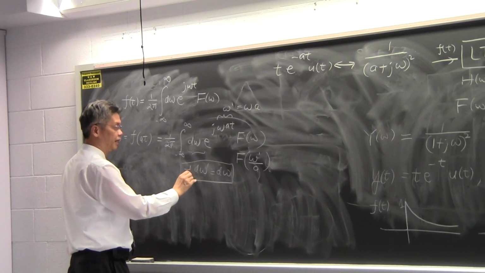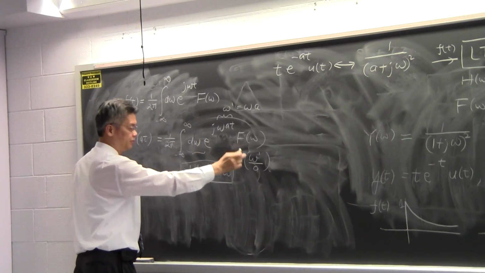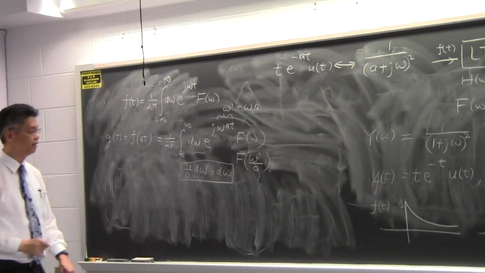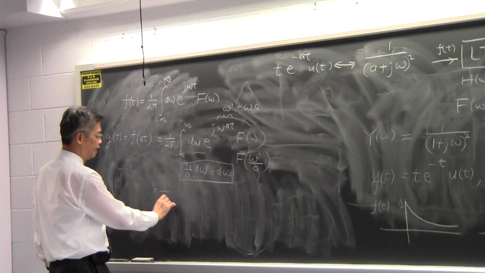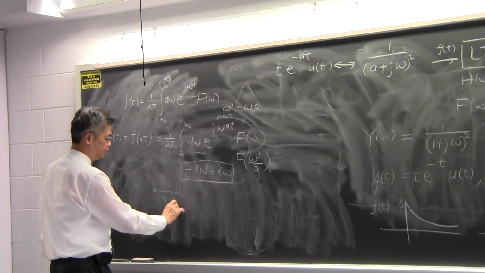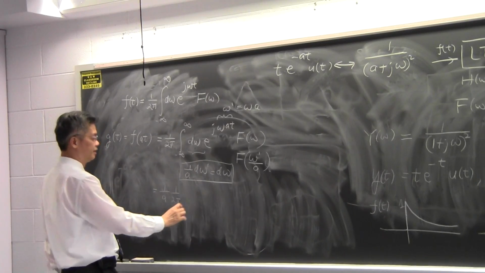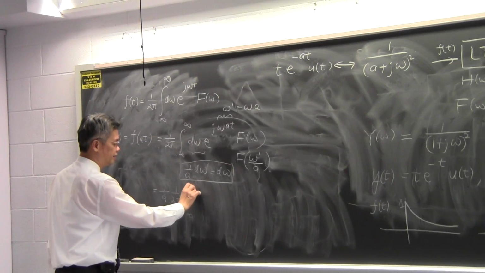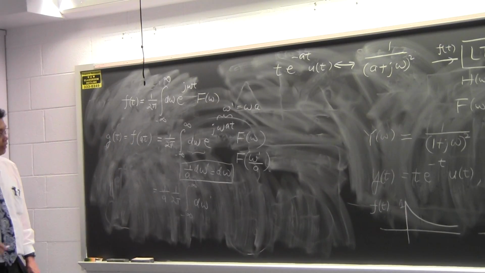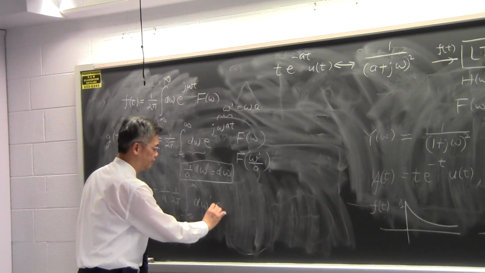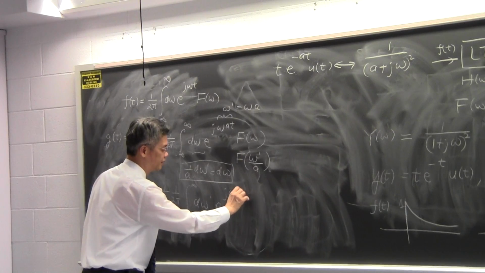So I'm going to make 3 changes, one in the exponent, one in the argument, and one in the d omega. And then this new integral will look something like 1 over a times 1 over 2 pi. I take this 1 over a outside. The limit of integration is still minus infinity to infinity. Then in the exponent, I will have j omega prime t.